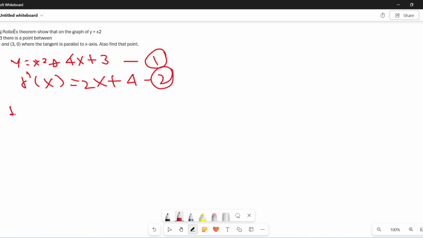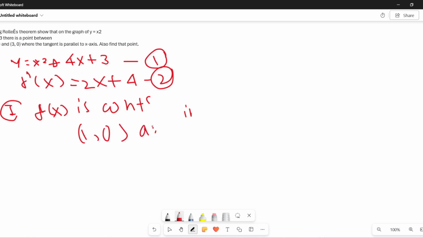According to Rolle's theorem, the first condition is whether the function is continuous. The function is continuous between (1, 0) and (3, 0). Then we have to find a point between (1, 0) and (3, 0) where the tangent is parallel to the x axis.